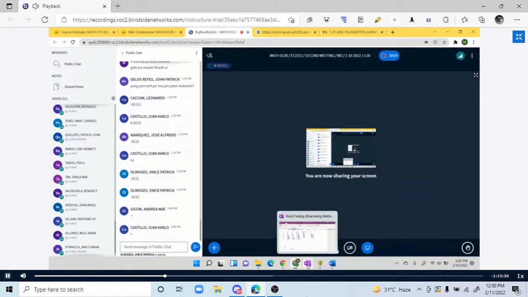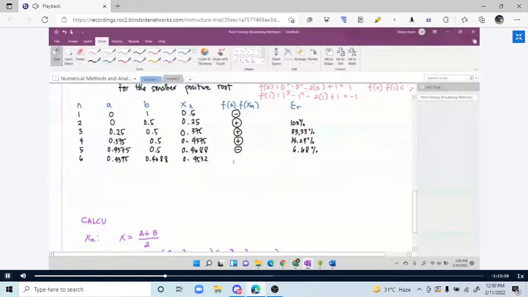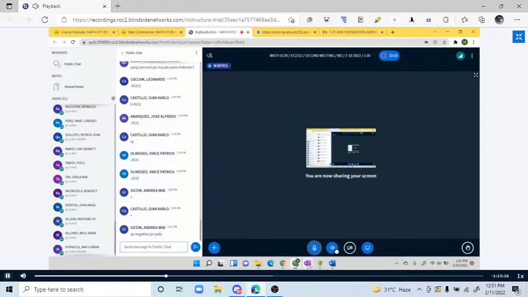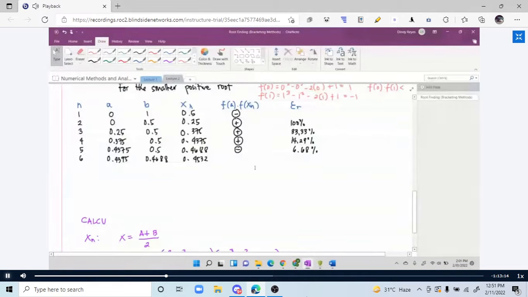Positive. For a is 0.4375 and then x sub n is 0.4532. Okay, negative. Negative, no? Not positive. It should be negative. Okay?